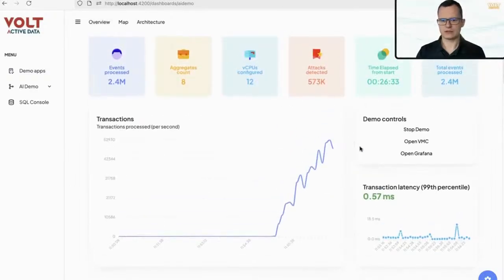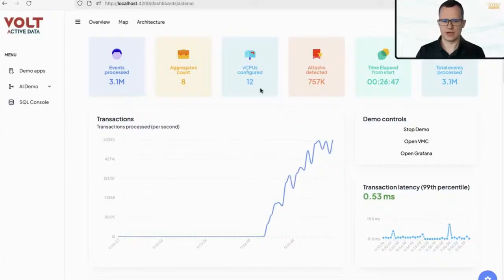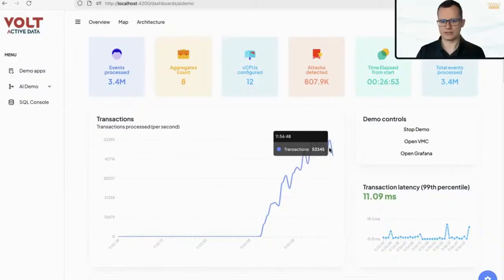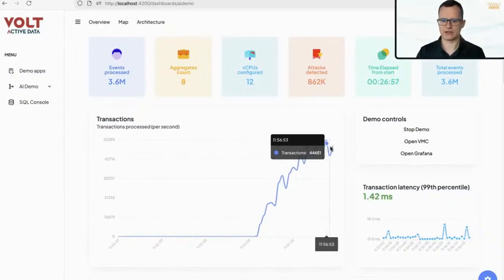We can check out our overview as well. So how many events we processed. We have 2.8 million from the start of the demo. How many attacks we detected. We have right now the configuration with 12 vCPUs up and running, and we are processing around 50,000 events per second.